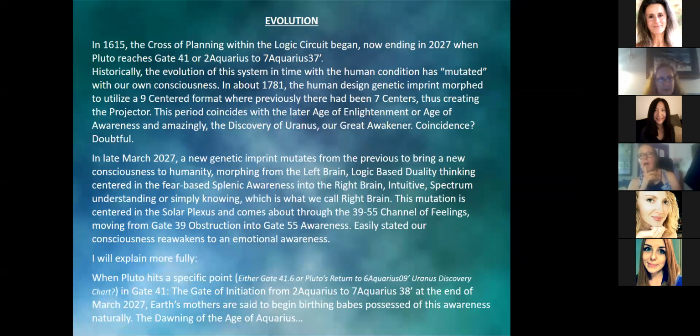Let me just read this part. When Pluto hits that specific point, it's either gate 41.6 or it's Pluto's return at 6 Aquarius 09 within the Uranus discovery chart.